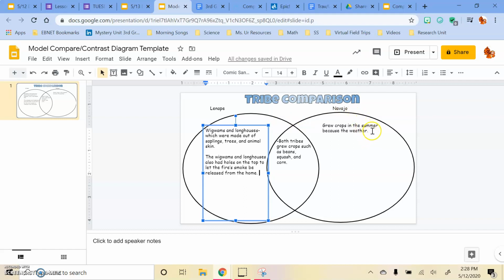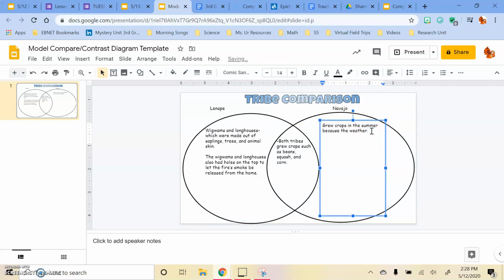Now, on the other hand, the Navajo, they had Pueblo homes, which were made out of clay, right? Also known as adobe.